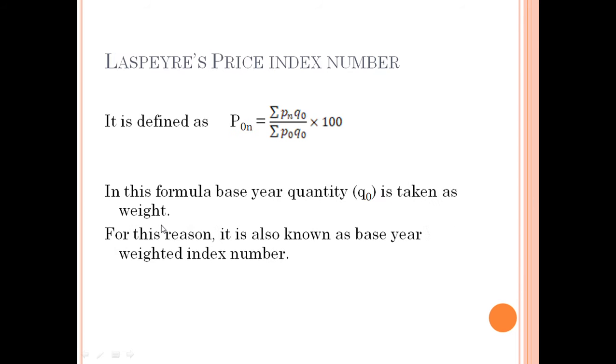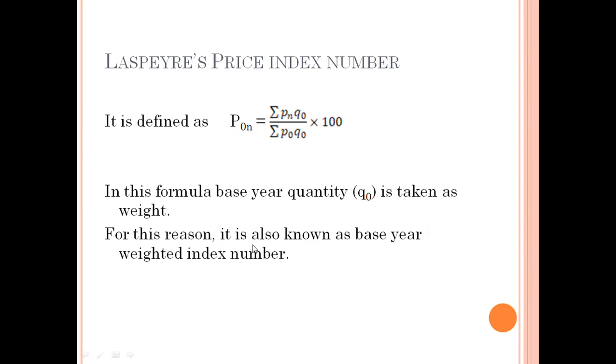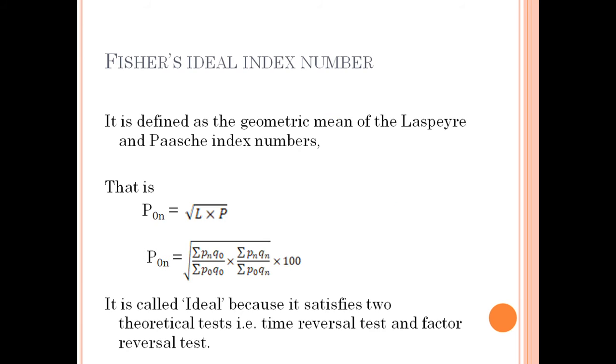In the previous formula, Laspeyres's, base year quantity was used as weights, and now for Paasche's formula, current year quantity is used. So Paasche's is also called current year weighted, and Laspeyres's is also called base year weighted index number.